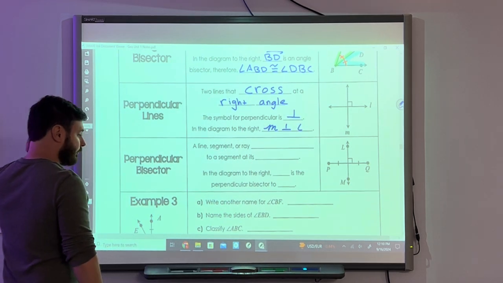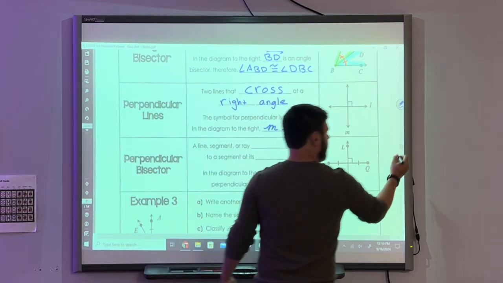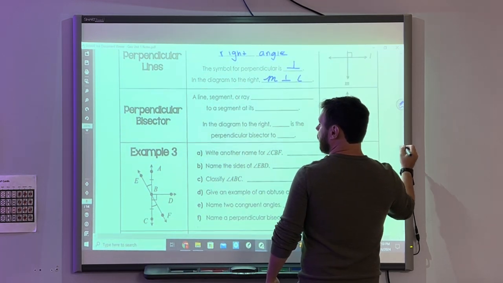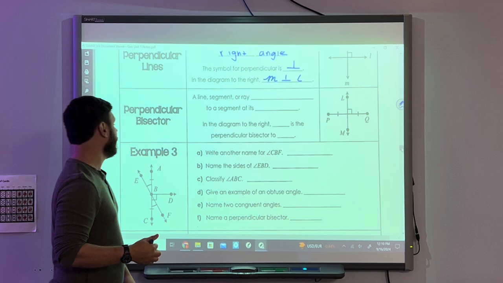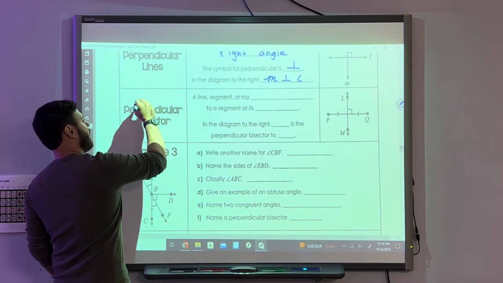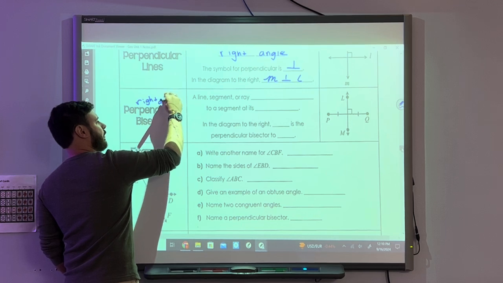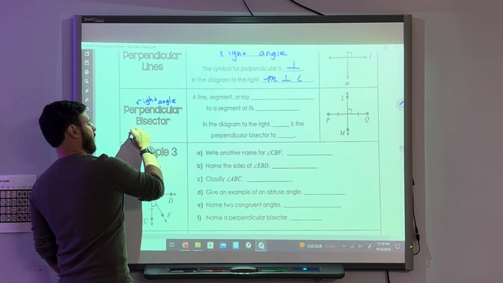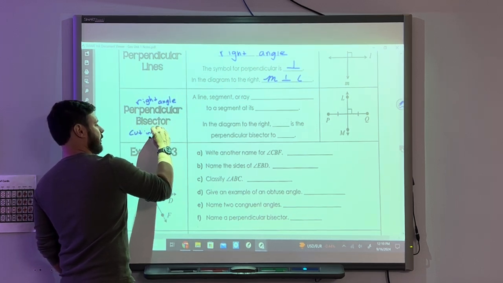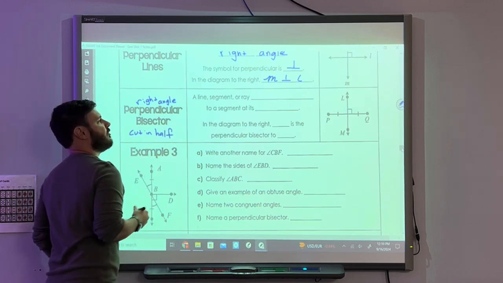Okay. And our last vocab word, a perpendicular bisector. So now we're being perpendicular, so I have a right angle. And bisected cuts in half, combining the two.